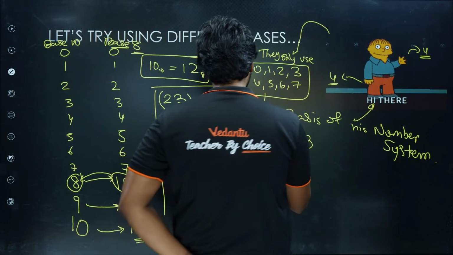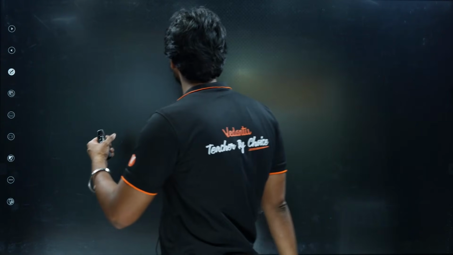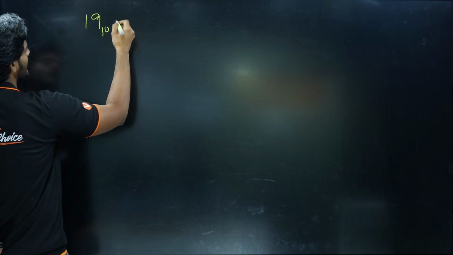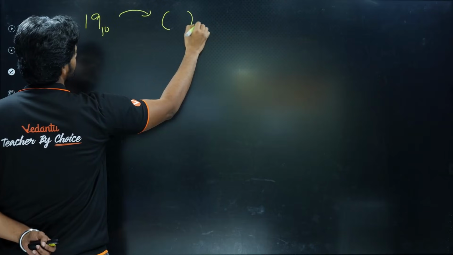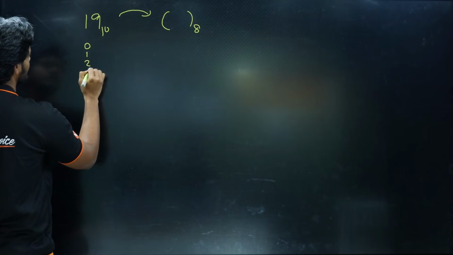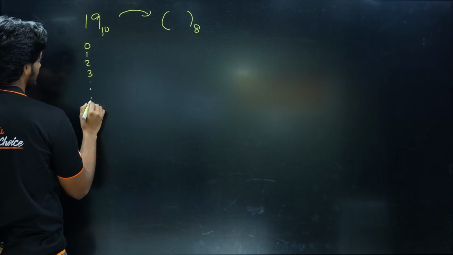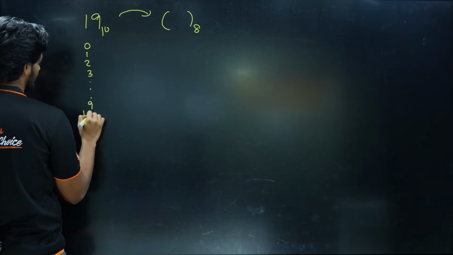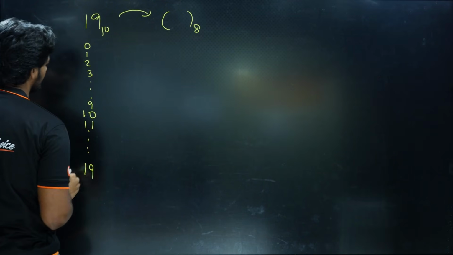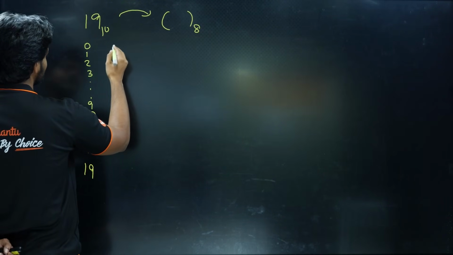Now how do I convert from this to that? Okay, let's do that. So I have 19 base 10. How do I convert it to something base 8? So I'll write 19. So I have 0, 1, 2, 3 dot till 9, 10, 11 dot till 19. How many 8s are there?